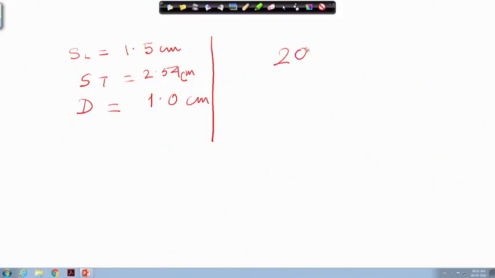We evaluate the fluid properties at 20 degree centigrade, and the density is 1.2045 kg per meter cube.